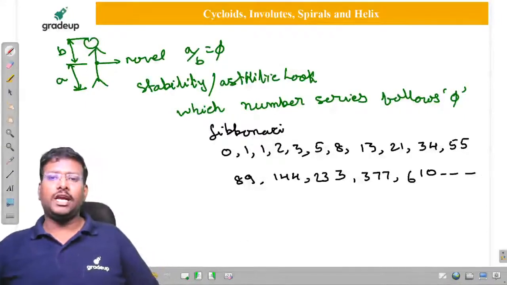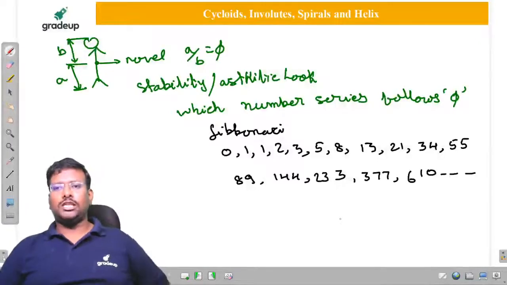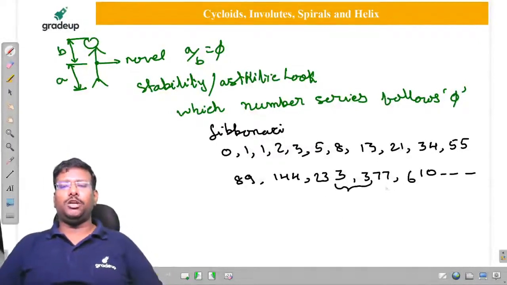So this is going to be considered as a Fibonacci series. The sum of the previous two numbers gives the next number.